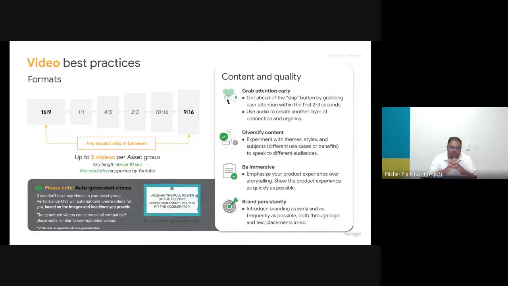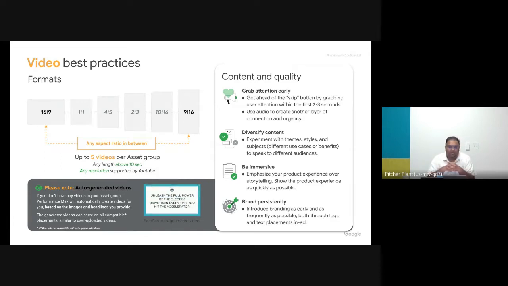When it comes to video, we recommend that you leverage the video action campaign best practices. One thing I noticed that advertisers do is they use their existing brand videos for an action-oriented campaign. And whilst I understand why this is being done, because you may want to just fill up the asset with a video, it's not necessarily the best strategy.